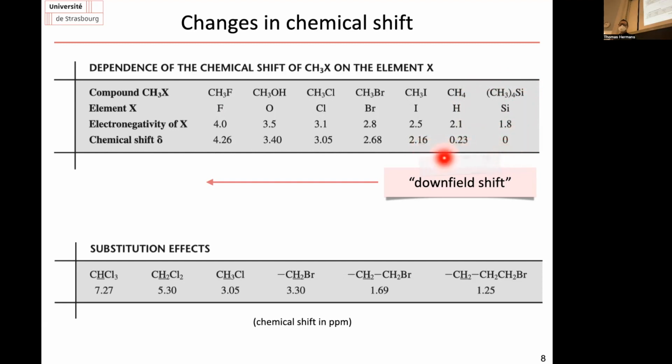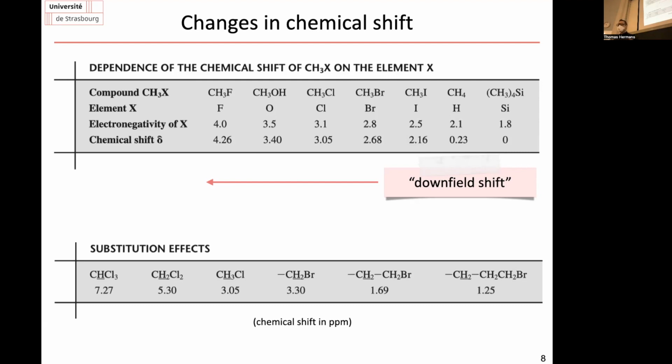You can see there is a shift in ppm, called a downfield shift, because it shifts to higher ppm the more electronegative your element is. Fluorine is very electronegative, so the chemical shift will go downfield. Oxygen is less electronegative, so it will be less shifted. Chlorine, even less shifted. Bromine, even less shifted. So the trend is: more electronegative, more downfield shifted.